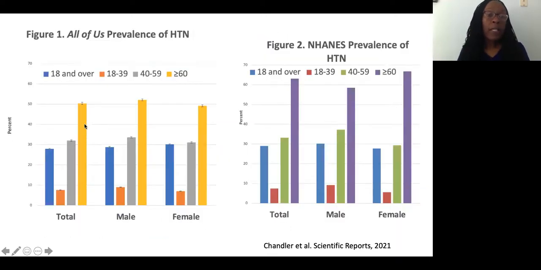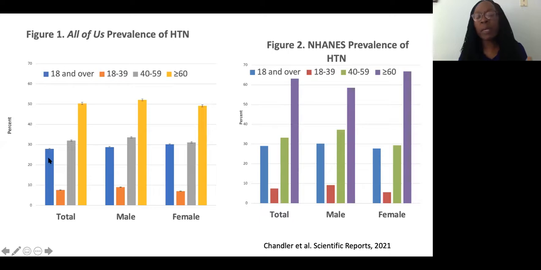And what we found is that we could replicate the prevalence of hypertension in these 100,000 individuals compared to NHANES, which has about 6,000 individuals. And the distribution of hypertension by age was similar, and by gender was similar, when you look at it in comparison to NHANES for individuals 18 and over.